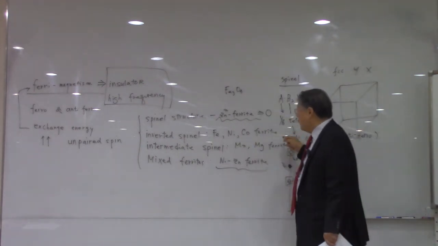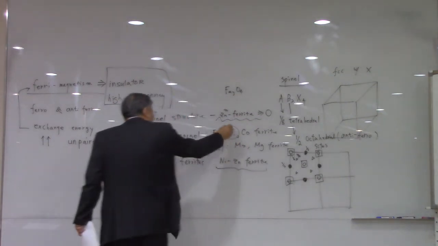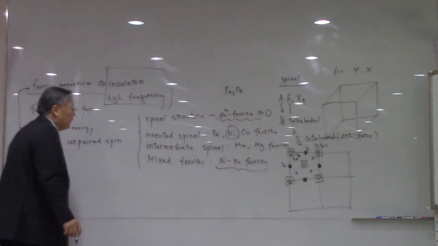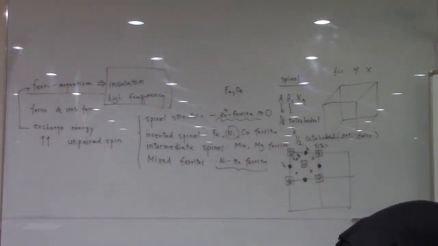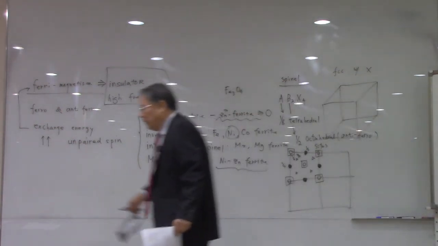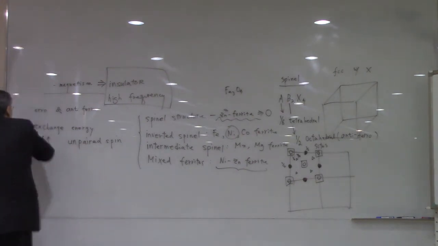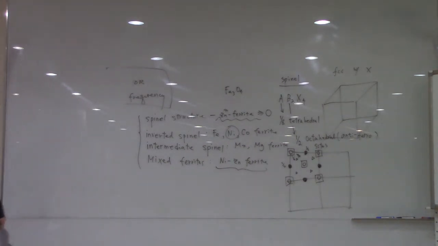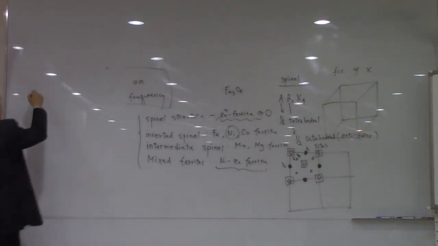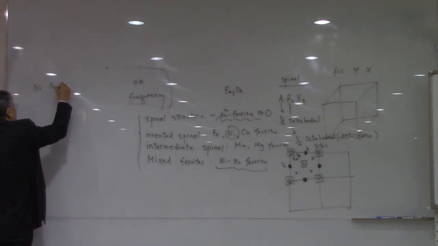Now, for the inverted spinel, let me give you the example of nickel ferrite. Okay, in a nickel ferrite, the inverted, it is called inverted because nickel, Fe, Fe.